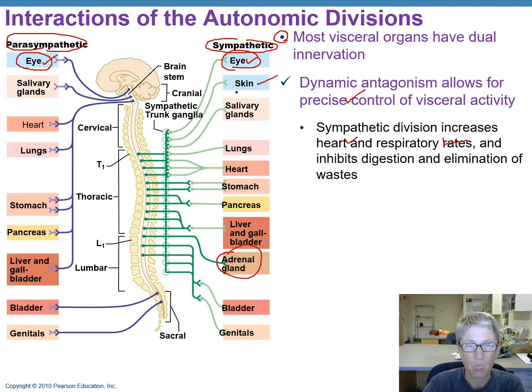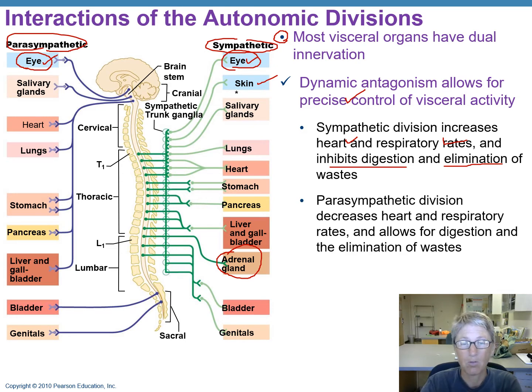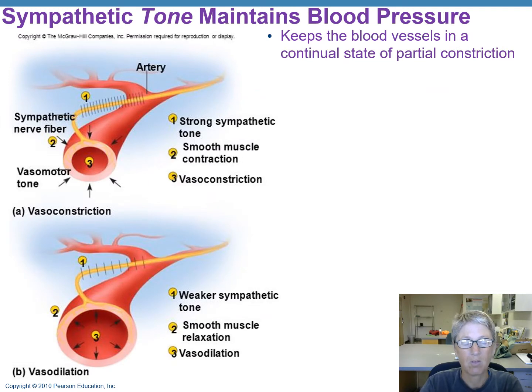When you're in a fighting situation, you don't have to worry about digestion or elimination of your waste products, so you inhibit those. Parasympathetic is rest and digest, so you're going to decrease your heart and respiratory rates, but you're going to increase your smooth muscle activity in your GI tract, so you can digest things and eliminate waste products like urine and feces.